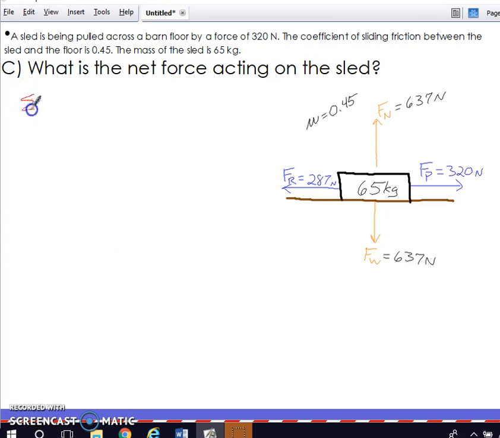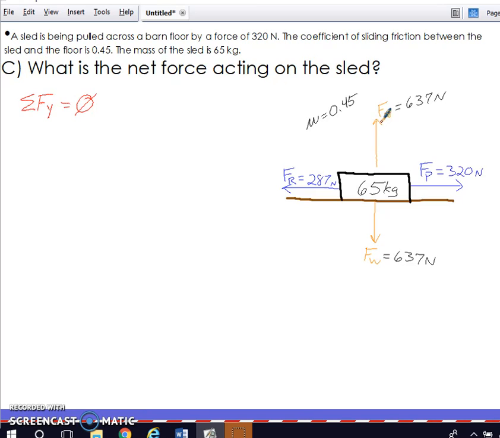Vertically, the sum of my forces is 0. Again, because they cancel out, opposite directions, it's balanced. When things even out, the up equals the down, that's called balanced. So the sum of my forces is 0.